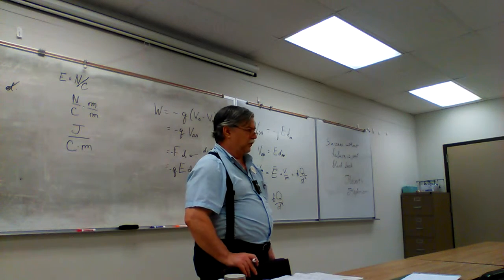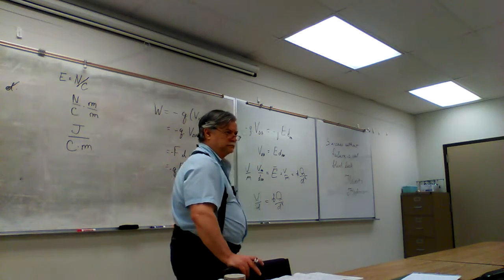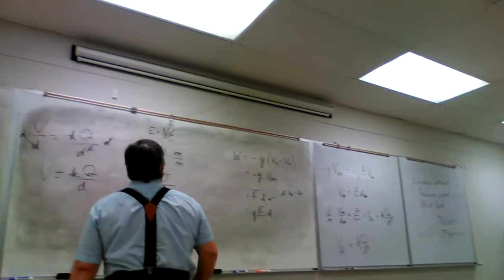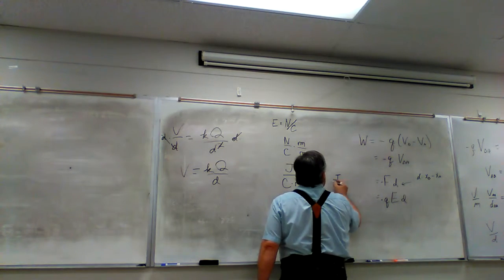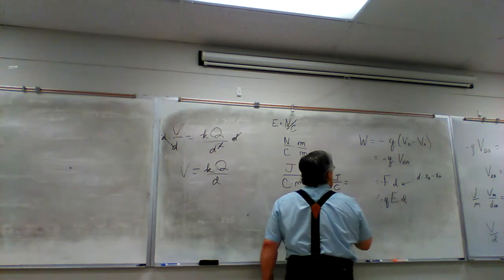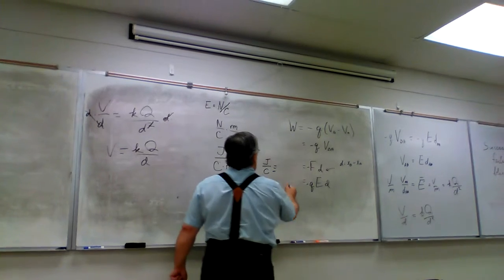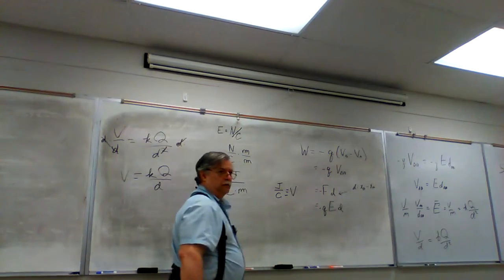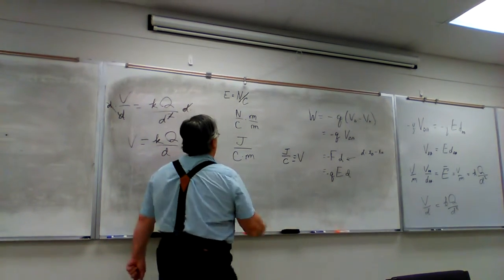But what's a joule per Coulomb? 1 joule per Coulomb, by definition, is what? 1 volt. So a volt is a joule per Coulomb.